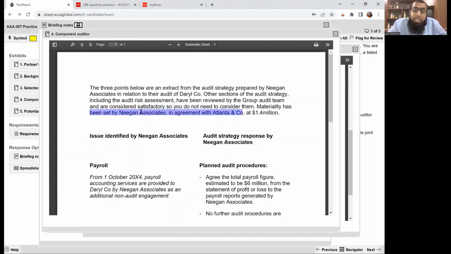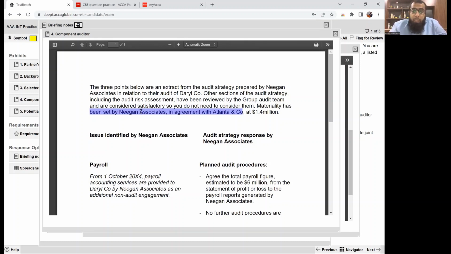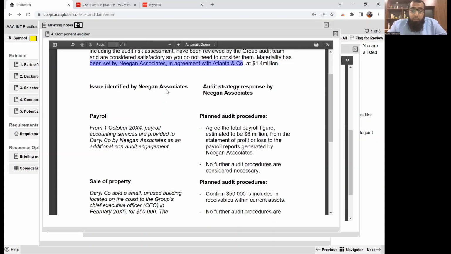Materiality has been set by Negan Associates in agreement with Atlanta Company at $1.4 million. Now, these are the 3 issues identified by Negan Associates. Payroll. From 1st October 2004, payroll accounting services are provided to Darrell Company by Negan Associates as an additional non-audit engagement. Now, this is an ethical issue.